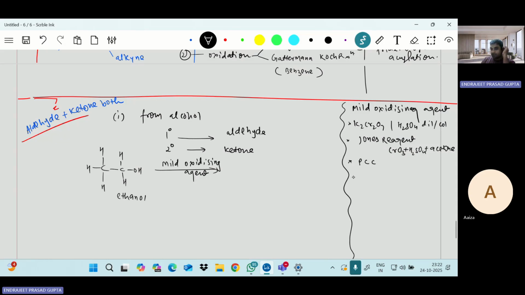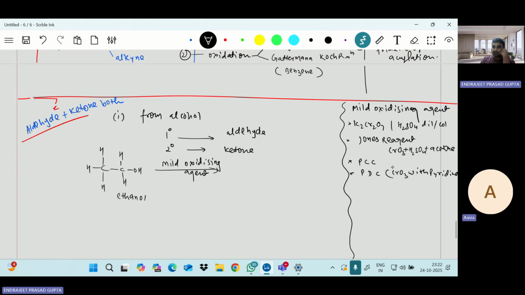Also you can use PDC, pyridine dichromate. Pyridine dichromate means chromium oxide with pyridine. Clear?